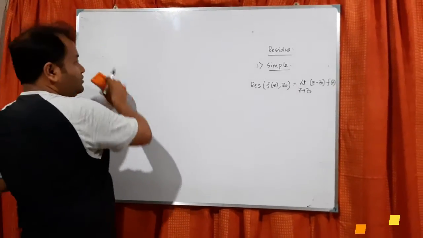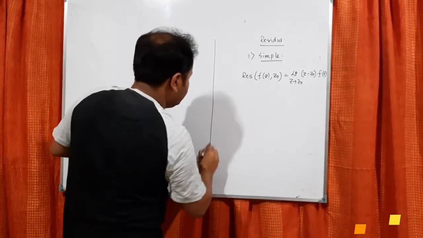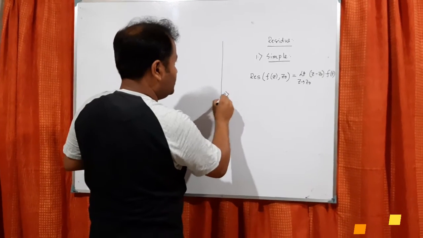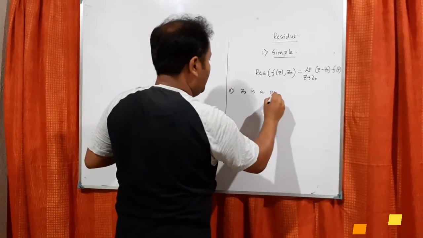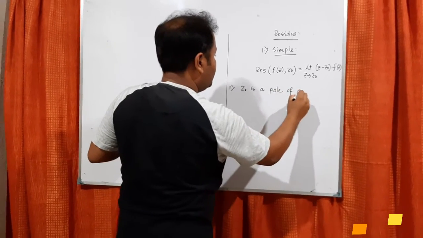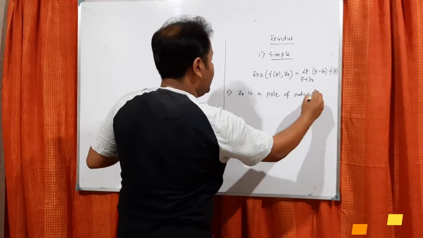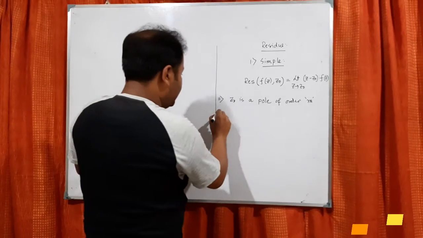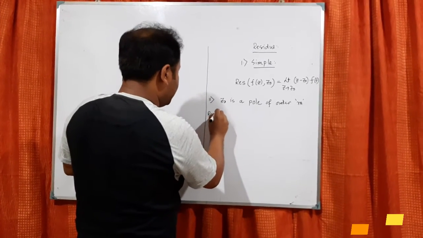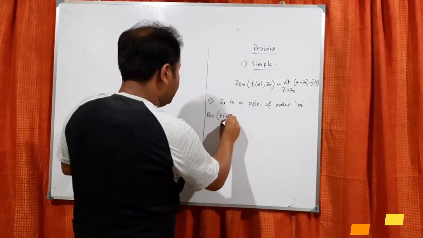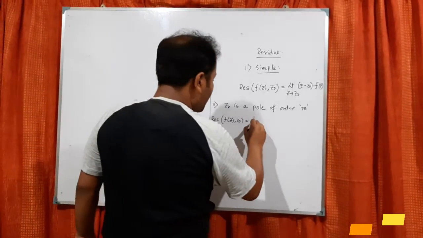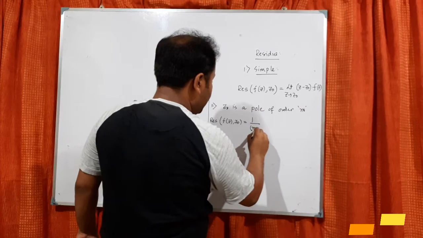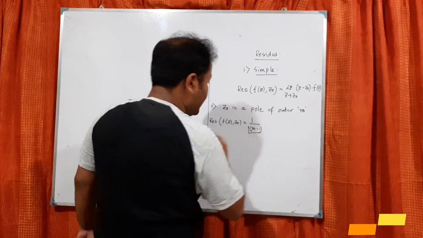Now another formula is there. Number 2, when z naught is a pole of order m, then the residue of f(z) at z naught equals 1 by (m minus 1) factorial.